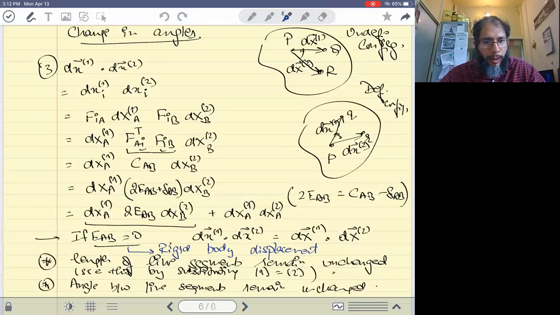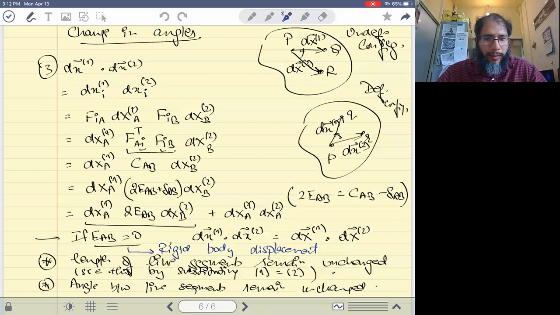Because if you rotate a body as a whole, rigid body rotation, then the angle between any 2 line segments remain the same. The absolute angle may change, but the angle between line segments will still remain the same. So as a summary, what we see is that if EAB is 0, then the motion that we're talking about is rigid body displacement. So the corollary of that is that EAB contains the information about deformation at max. Okay.